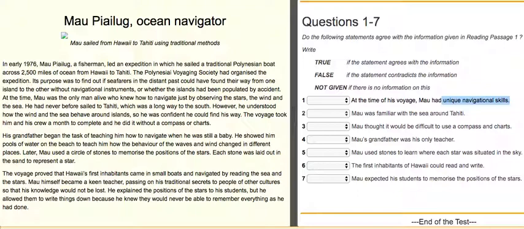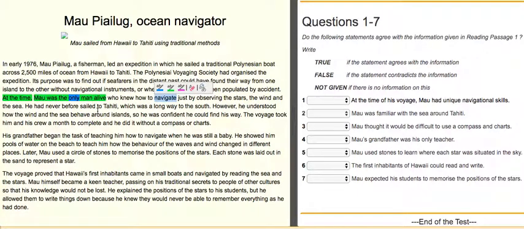Here, at the time, I start to skim quickly. I know who Mao is. I get to the time right here: Mao was the only man alive. It's pretty much the same, right? The word only is similar to unique, and who knew how to navigate sounds good with navigational skills.